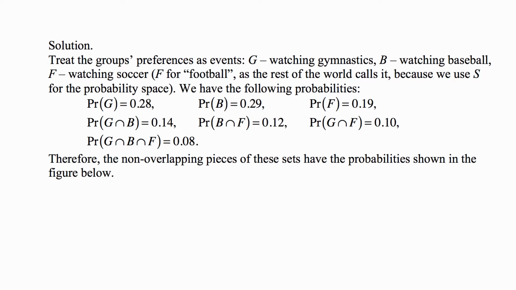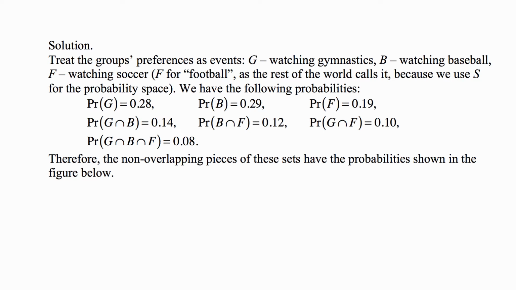Let us label G the event of watching gymnastics, B the event of watching baseball, F the event of watching soccer, F for football, as the rest of the world calls it, because we use S for the entire probability space, so I don't want to use the same letter for two things.